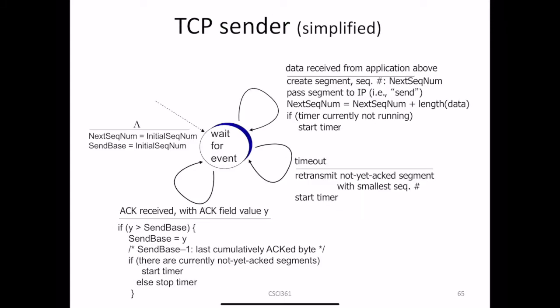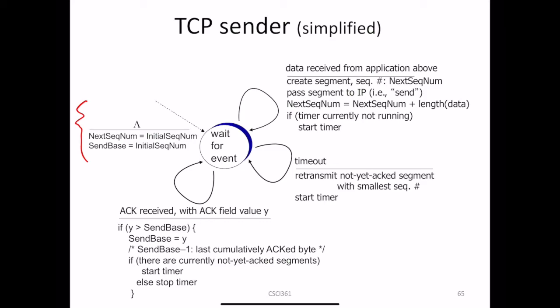Then let's see this TCP sender side. This is a finite state machine. Still, we only consider the sender side, and we only have one state, which is wait for event. Initially, the sender side does the initial setting, which initializes the connection between the two sides, the sender and the receiver.